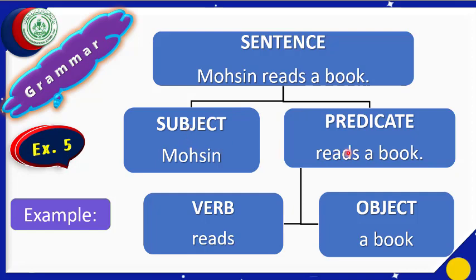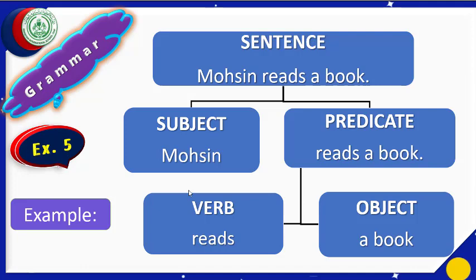The predicate is reads a book. Now, the predicate is further broken into two parts, the verb and the object. The verb is reads. The object is a book. This is the example given in our book. Just like this, we shall do all the parts given in this exercise.